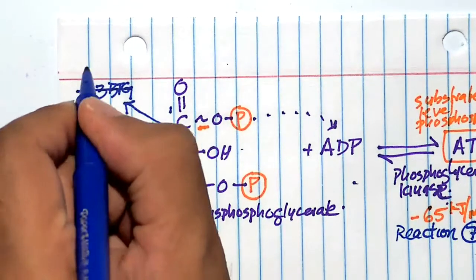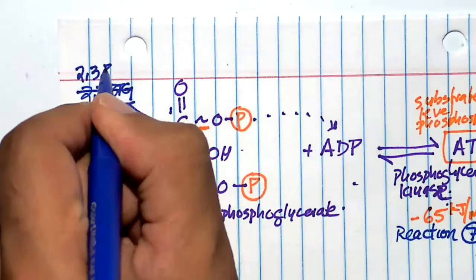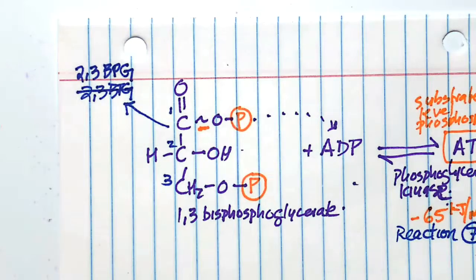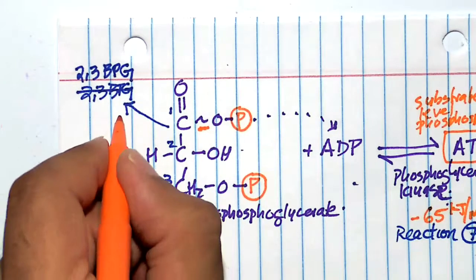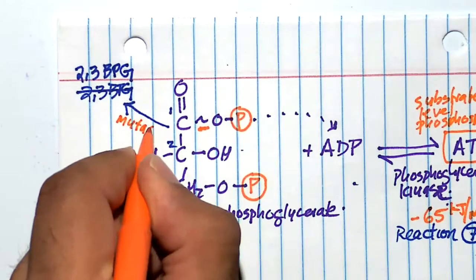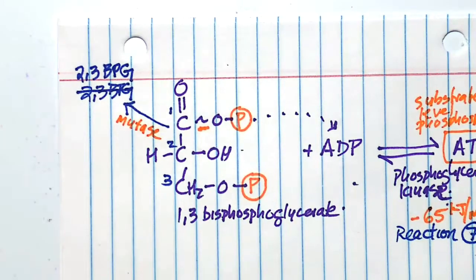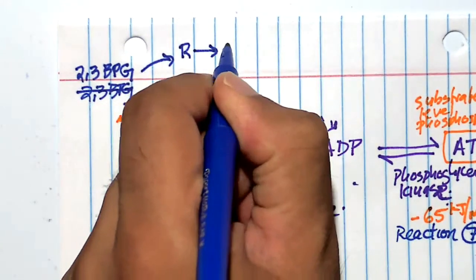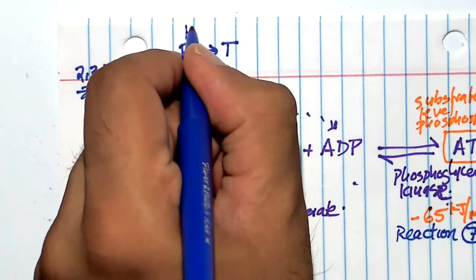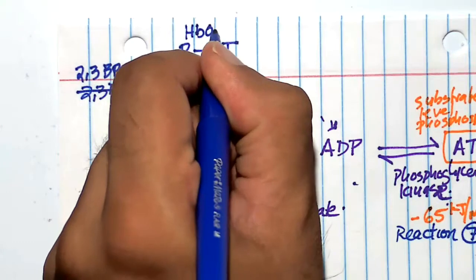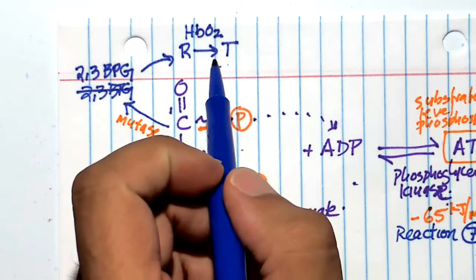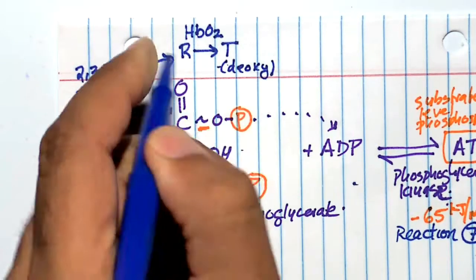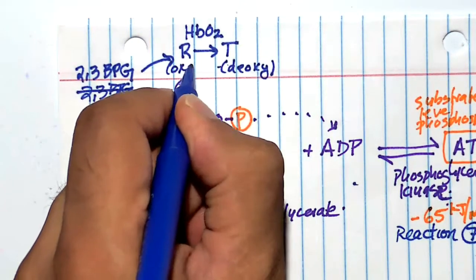So this 2,3-bisphosphoglycerate that's generated in this shunting reaction by a separate mutase can actually shift the equilibrium of hemoglobin from R to T. Okay, so it shifts hemoglobin more towards the deoxy state as opposed to the oxy state.